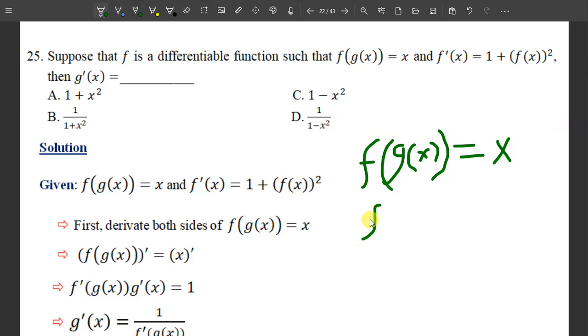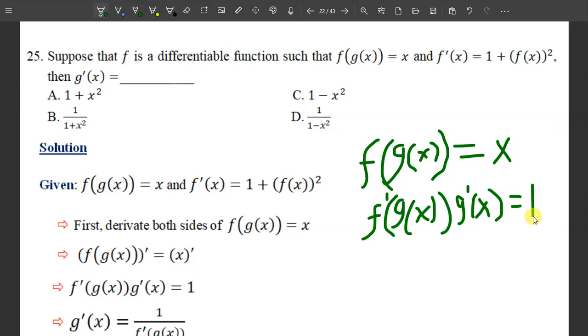It becomes f prime of g of x, and then again multiply by the derivative of g of x, which becomes g prime of x. This is known as the chain rule. And the derivative of x on the right side is simply 1.